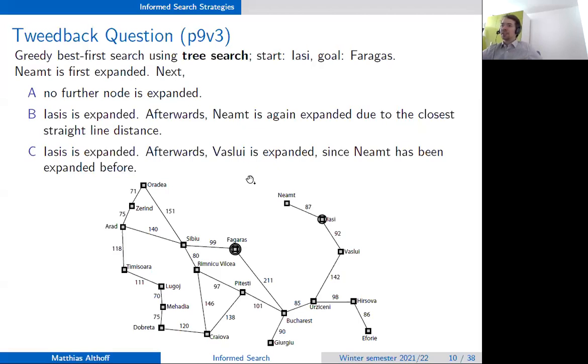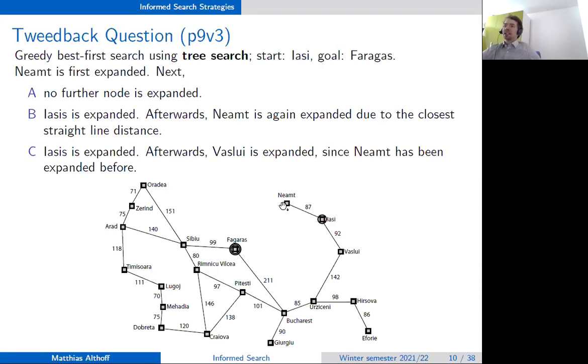So do we have already some results? So around 70% chooses B, and then around 26% chooses C, and the remaining 6% chooses A. Okay. Yeah, B is the correct answer because we are using tree search, as most of you already figured out.